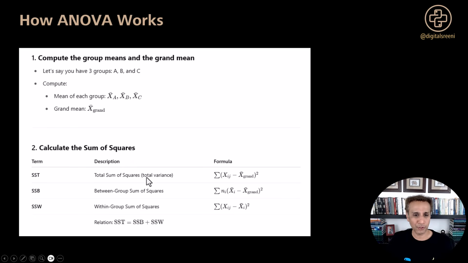Total sum of squares is each individual point minus the grand mean, squared, and then add all of those for each data point. Do the same for between group sum of squares and within group sum of squares. And again, the assumption from the second slide I showed you was that SST, the total variance, is nothing but the between group variance plus the within group variance. This is why we calculate these.